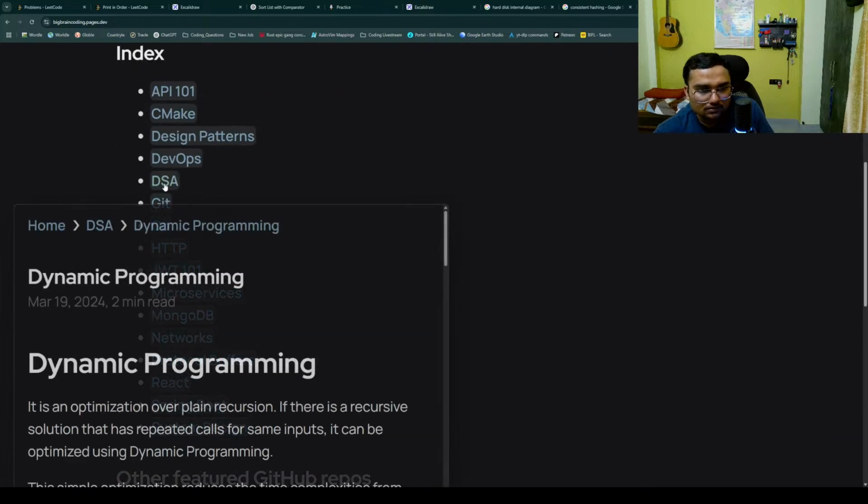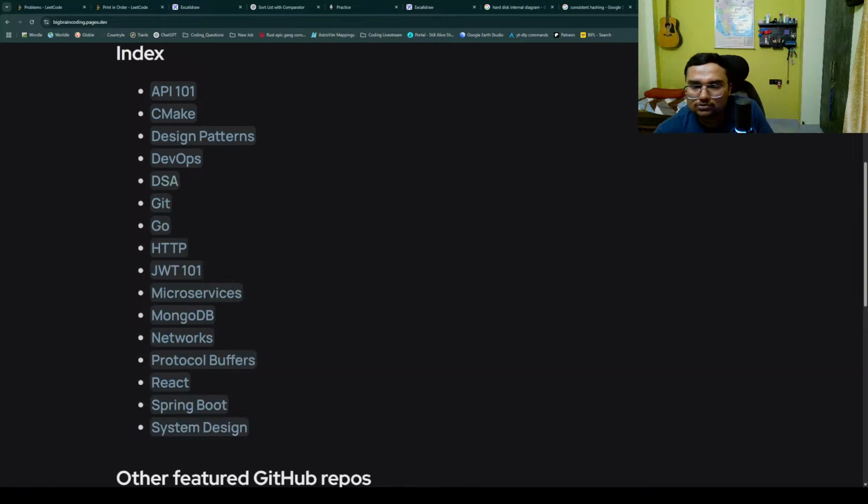Let me find that, bro. GitHub. There's something called consistent hashing here. Can I search?